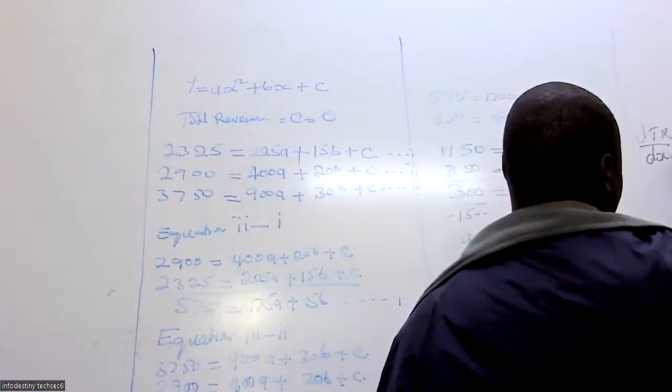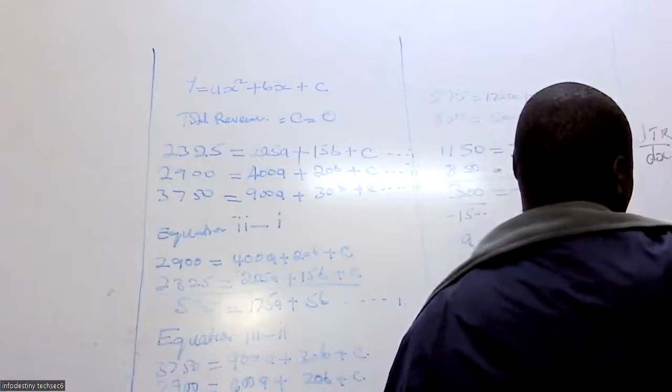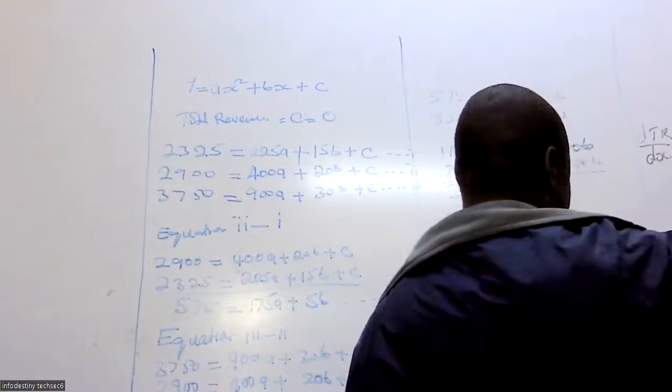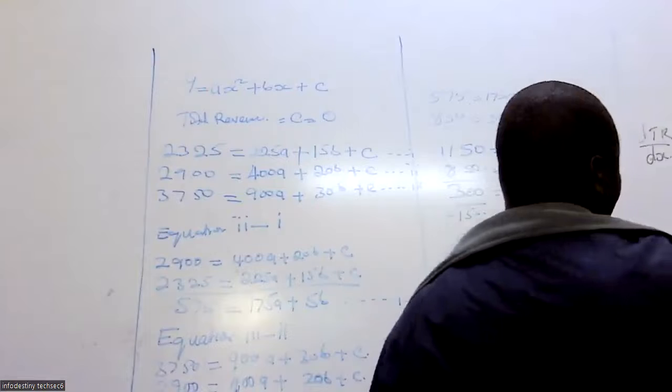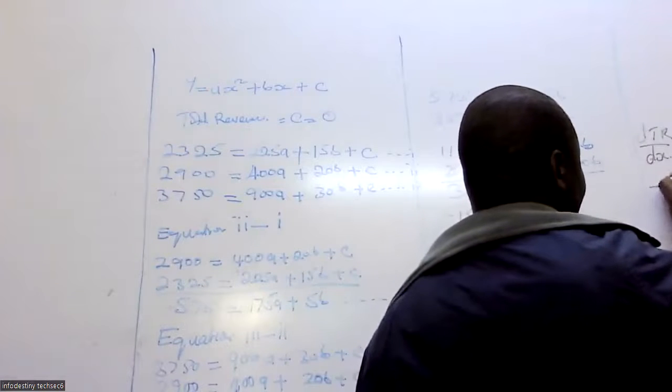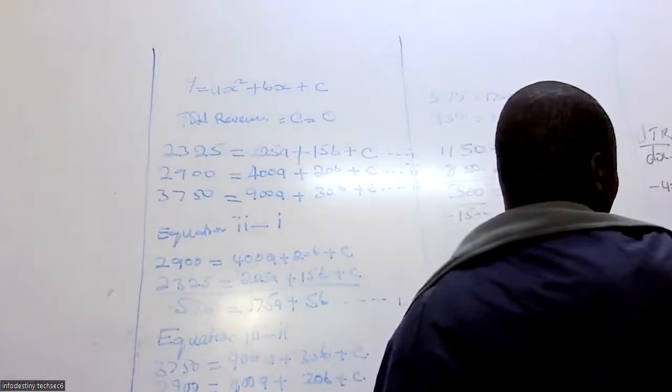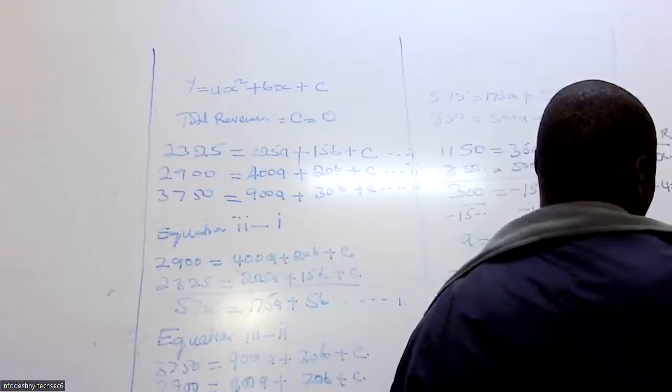Negative 4x plus 185 equals what? 0. So minus 4x plus 185 equals to 0.